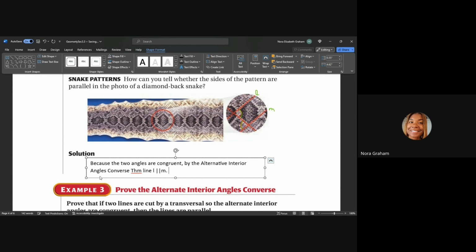And that just means parallel, and that stands for theorem right there. So because they are alternate interior angles, then we know by the alternate interior angles converse theorem that lines L and M are parallel, right?